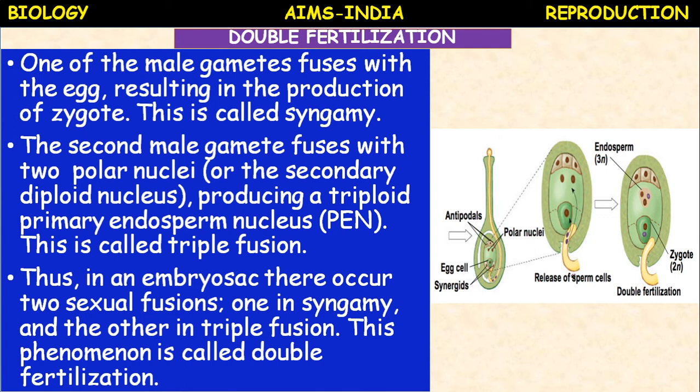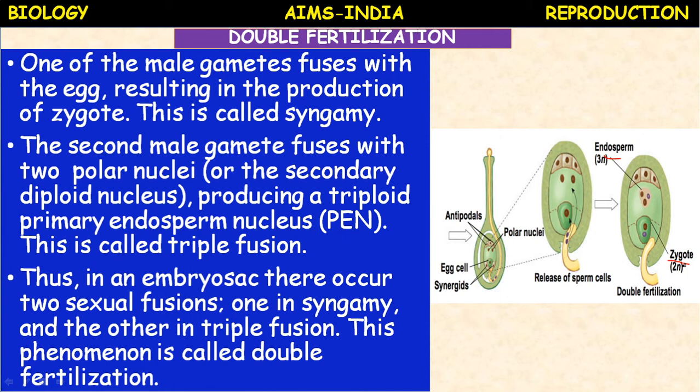As the pollen tube releases the two male nuclei, one fuses with the egg cell and the other fuses with the polar nuclei or secondary nucleus. This will form the endosperm nucleus. The nucleus which combines with the two polar nuclei forms a triploid nucleus, the endosperm, and the male nucleus which combines with the egg cell results in the diploid cell called the zygote.